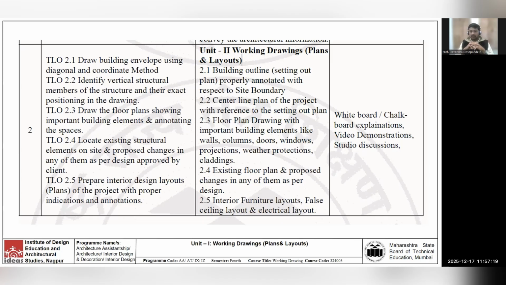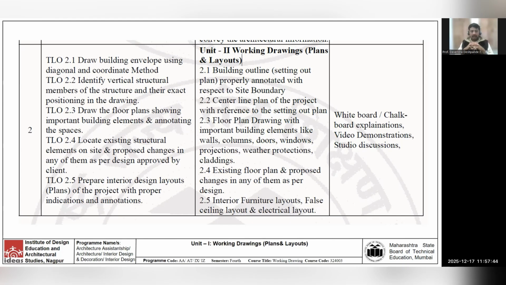As per my opinion, we cannot do this at this level unless and until you learn the very basics of how to design and draft buildings. So we'll skip this part of the syllabus.